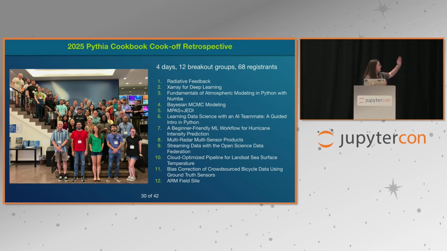And to give you an idea of the nature of the cookbooks, and maybe if you have some work you would like to turn into a cookbook, we had everything from an AI teammate working in your Jupyter environment to a cloud-optimized pipeline for Landsat sea surface temperature, MPAS and JEDI data, which are specific to, I believe, ocean data.